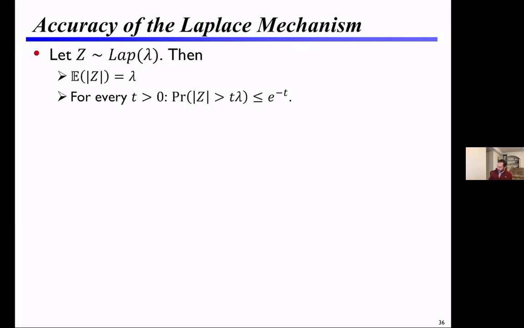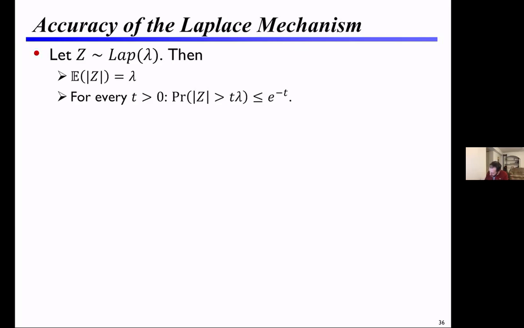The first tool: when we want to analyze the Laplace mechanism, we're looking at these Laplace random variables, the Laplace noise we're adding, and we want to understand how big it can be. One useful thing I mentioned earlier is that if Z is drawn from the distribution Laplace(lambda) in one dimension, just one real number, then the expected absolute value of Z is lambda.